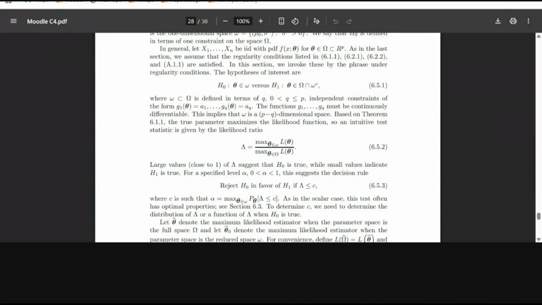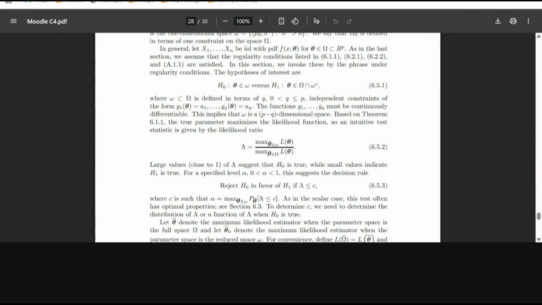They are trying to be more careful in the textbook to put this capital omega intersect W complement here. What does this mean? Omega is basically everything. So little omega, that W thing, is a subset of capital omega. From set theory, if you really want to be very consistent, you can also say the null says theta is in capital omega intersect little omega, because capital omega is everything.